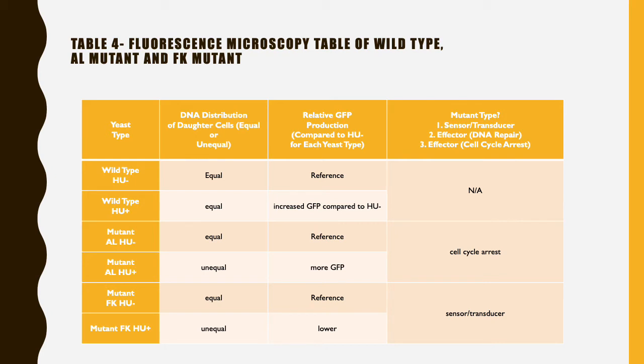So these indicate that this mutant is a cell cycle arrest mutant. In the mutant FK, we have equal distribution in the HU negative and unequal distribution of DNA in the HU positive, and also we did not have a significant increase in GFP in the Rad22. So we conclude that this is a sensor transducer mutant.